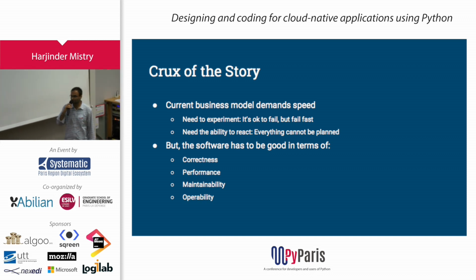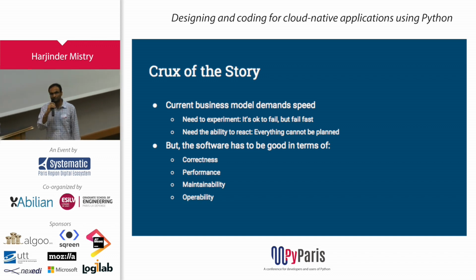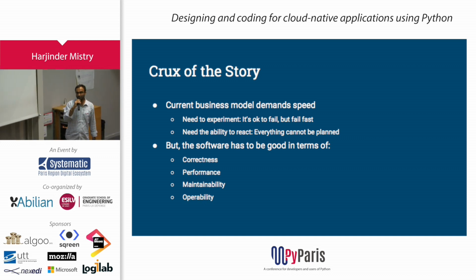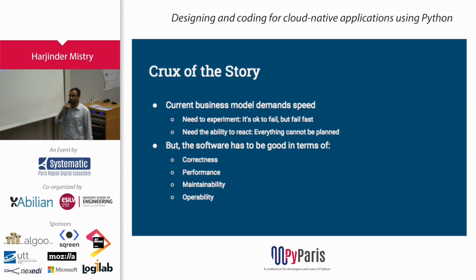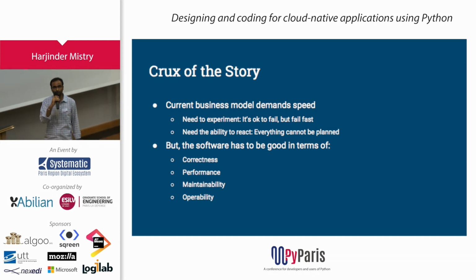What's the crux of this story? The crux of the story is that the current business model demands speed, demands agility. First thing is, there's a need to be experimental. We need to experiment. It's okay to fail, but we need to fail fast.